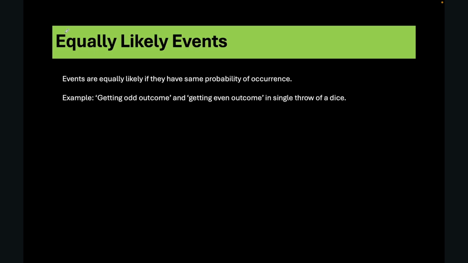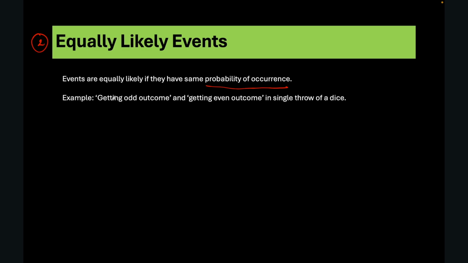The next one, number two, is equally likely events. As the name suggests, it's quite obvious, but events are equally likely if they have the same probability of occurrence.